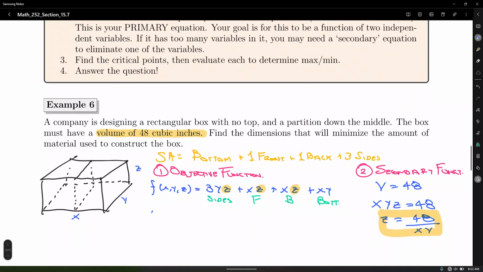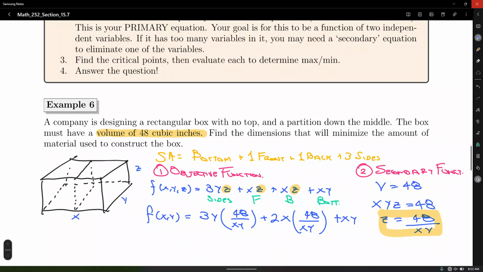So now I'm going to have f of x, y equals 3yz, which is 3y times 48 over xy, plus 2xz, which by the way is 2x times 48 over xy. And lastly, plus xy, that's just xy. We don't do any substitution there. So that's good. We're good to go.